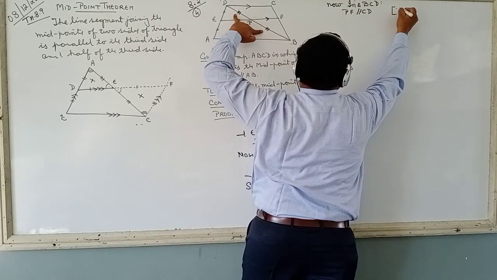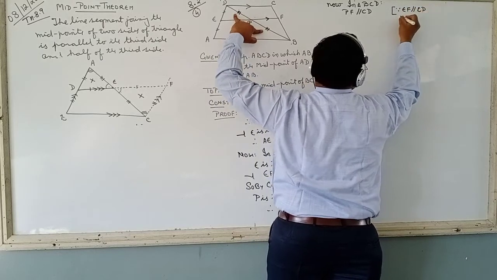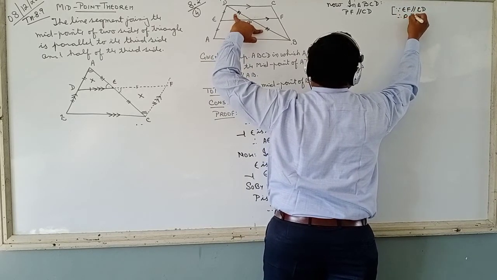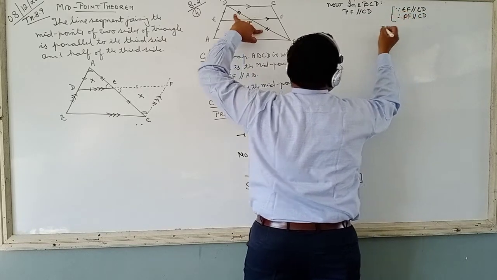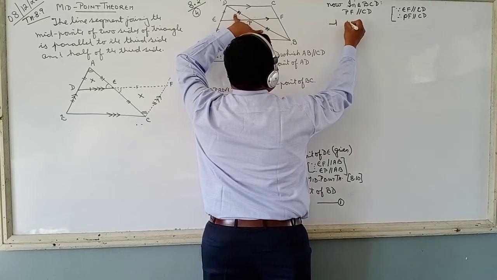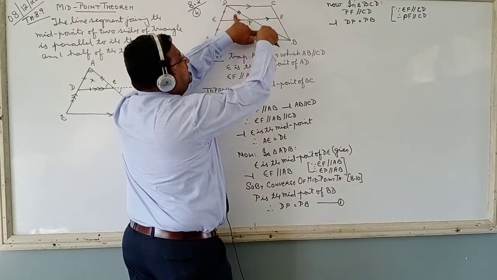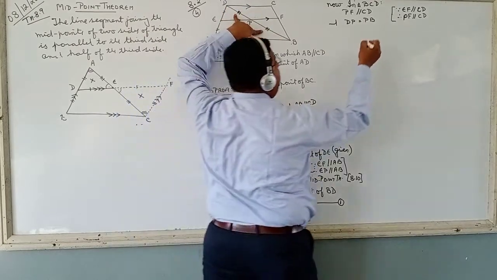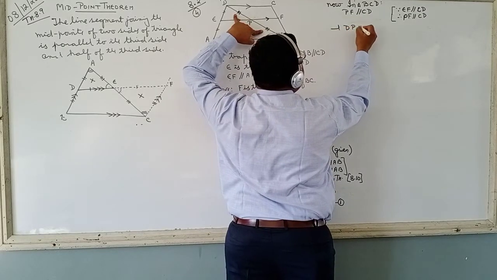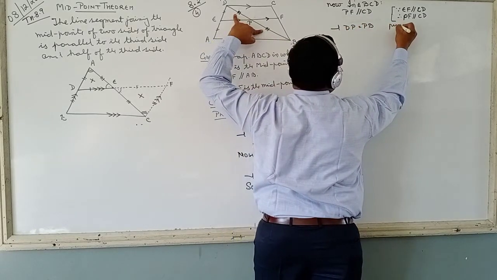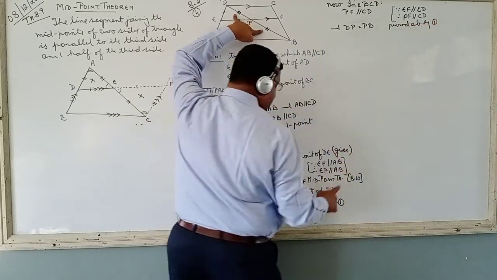Write down the reason: because EF was parallel to CD, therefore PF is also parallel to CD. Right? And DP is equal to PB, proved above, equation number one.